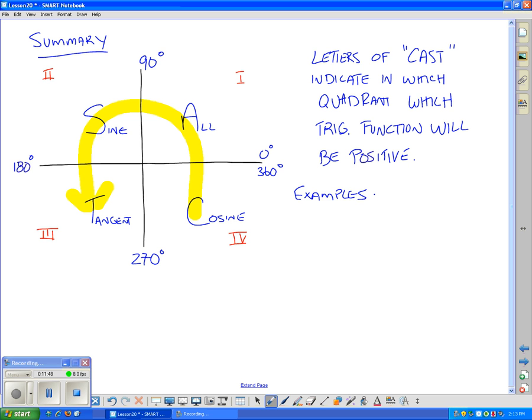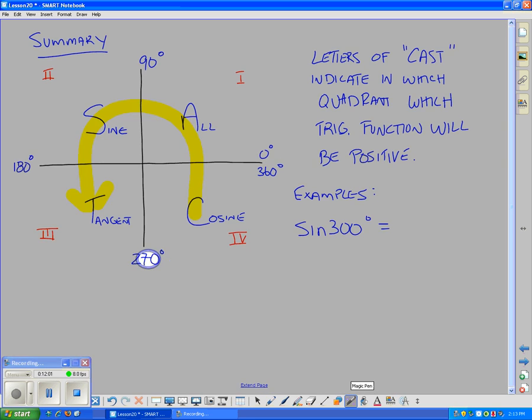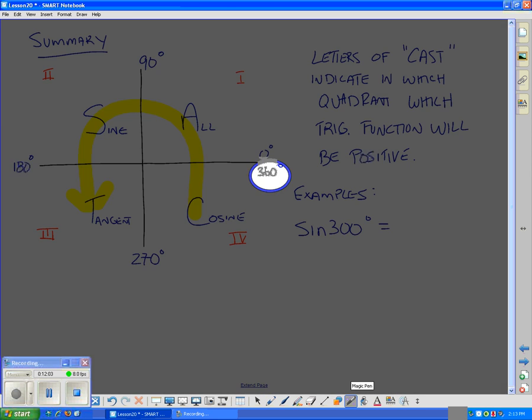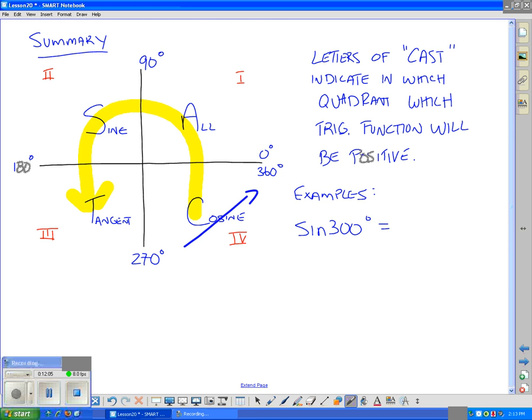So what does this tell us? If I had sine of 300 degrees, 300 degrees puts me into quadrant 4, because down here I have 270, and here's 360. So 300 is in between those two. I'm in quadrant 4.